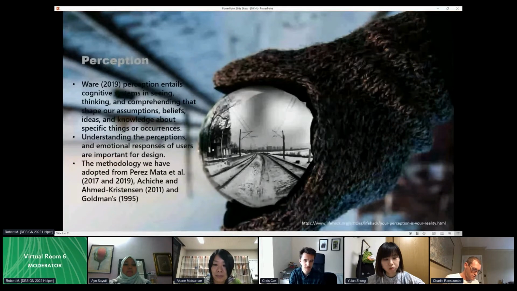Understanding the perceptions and emotional responses of users is important for design, and a number of researchers have explored this in relation to products and materials, and this provides the foundation for this research study. We have adopted Parisi and Rognoli 2017, 2019, Ahmed-Kristensen 2011, and also Goldman to classify consumer perceptions to better understand this knowledge.